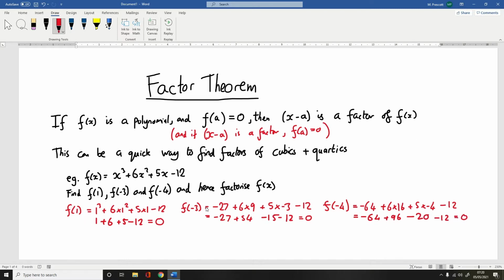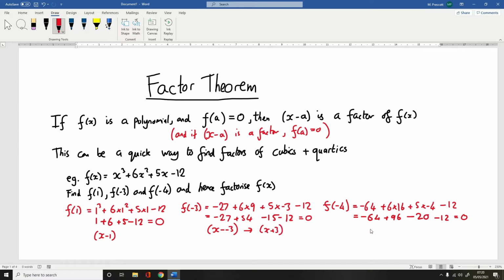So we've taken three values, we've substituted them into the polynomial, and we've got 0 out in every case. And because of factor theorem, this means that x take away this number is a factor. So this will tell us that x minus 1 is a factor. This will tell us that x minus minus 3 is a factor, but we normally say x plus 3 is a factor.